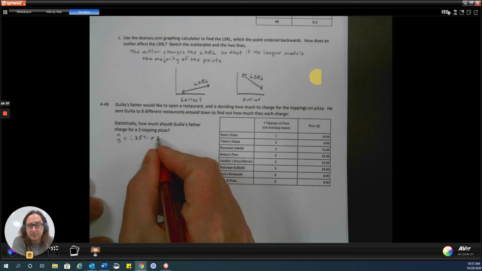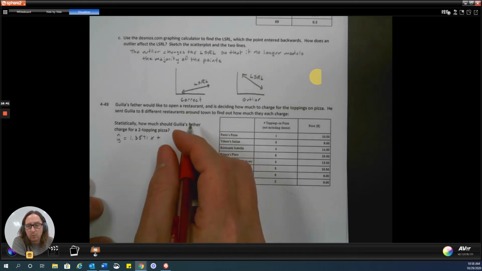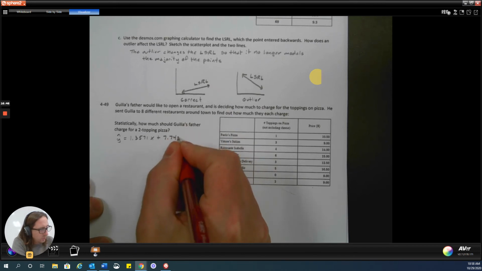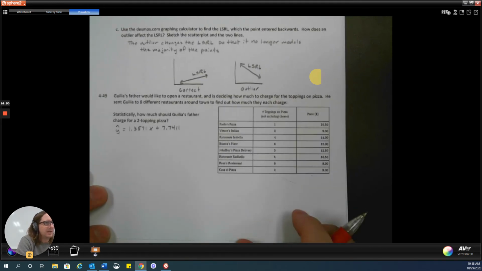And then the y-intercept is 7.7411. All right, so Julia knows math really well, making her daddy proud here.